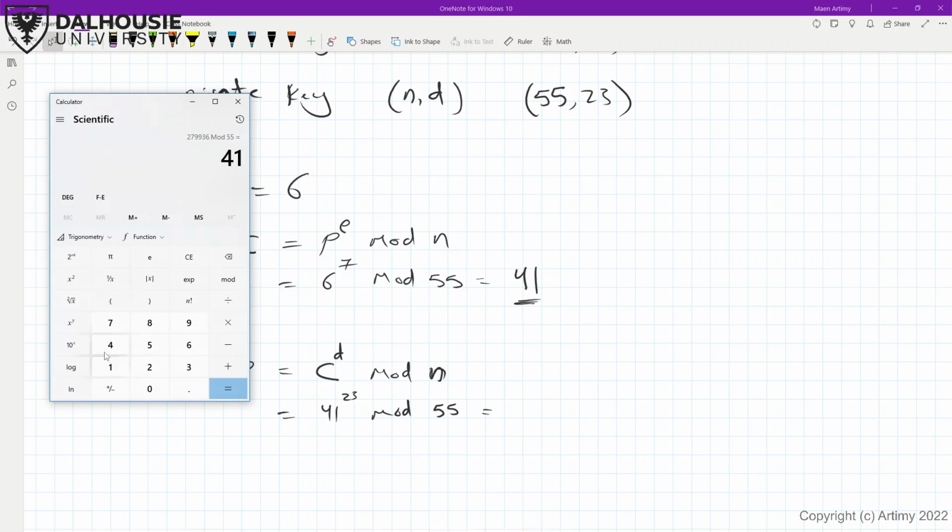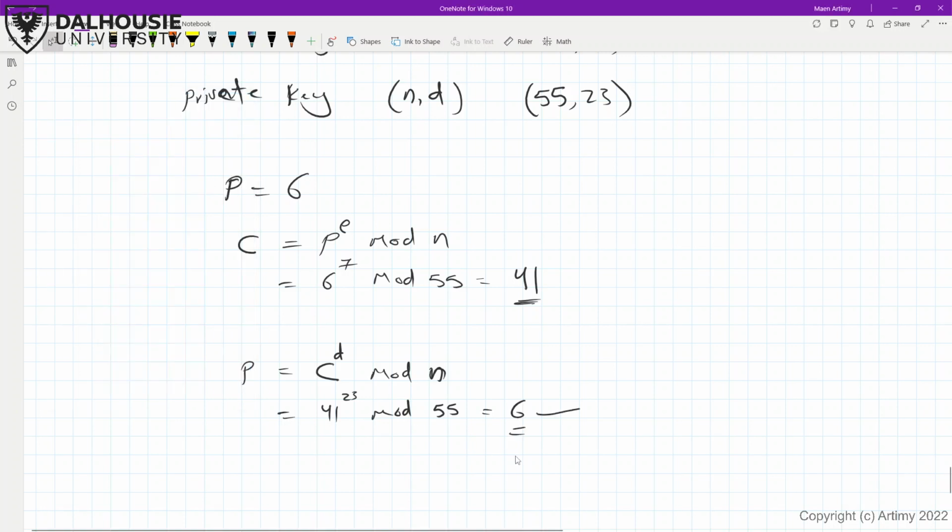All right, so 41 to the power of 23, that's a very, very large number, mod 55, so you get 6, which is what we started with, right? So that means that we got the right public key and the right private key.